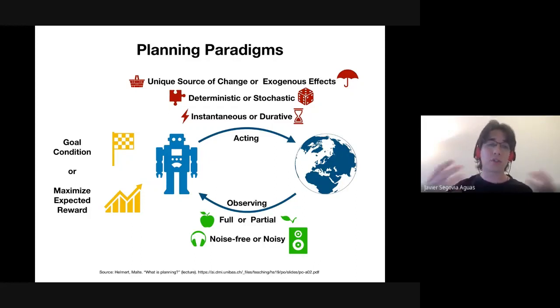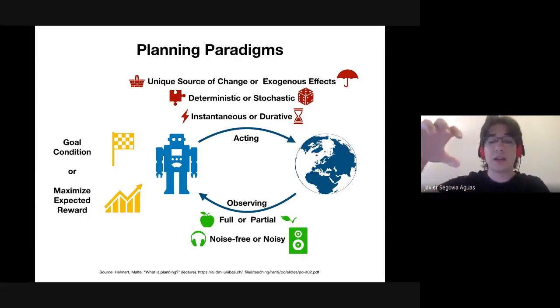Maybe we want to keep improving the grasping process, and we want to maximize this expected reward. While the goal condition will be maybe just grasp the object once you have achieved the grasping process, you have finished with your task.